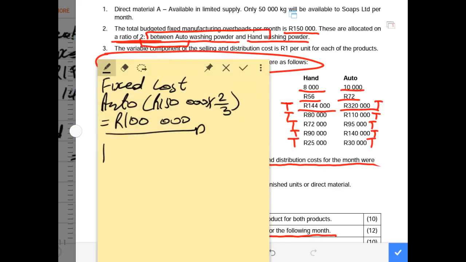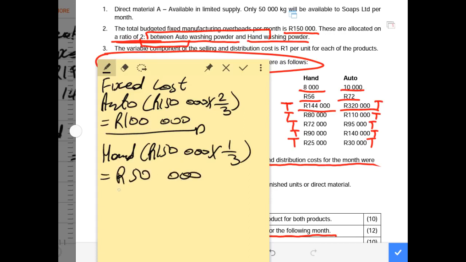Then now we allocate hand. Obviously, if auto is 100,000, then the rest, which is 50,000, will be for the hand washing powder. Therefore, fixed cost for hand will be 150,000 rands times 1 over 3, and by doing so, you will get 50,000 rands of the budgeted fixed cost for hand.